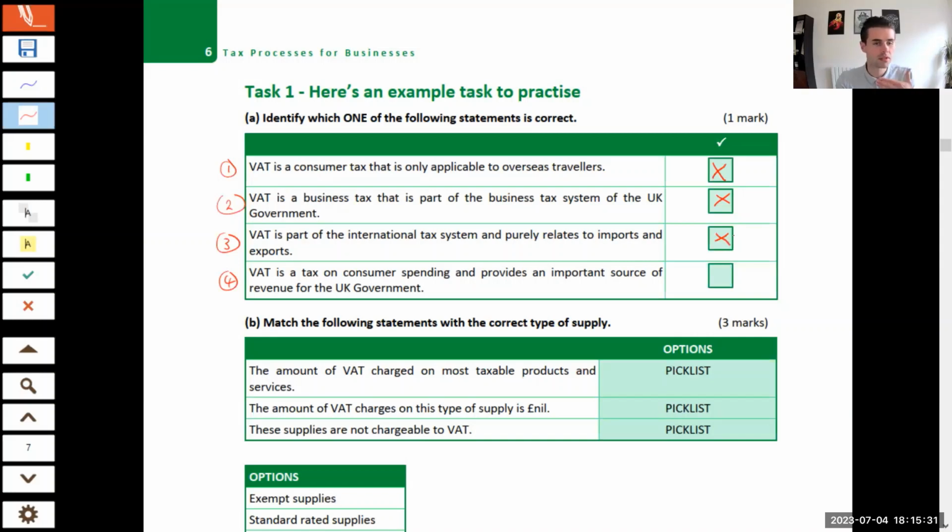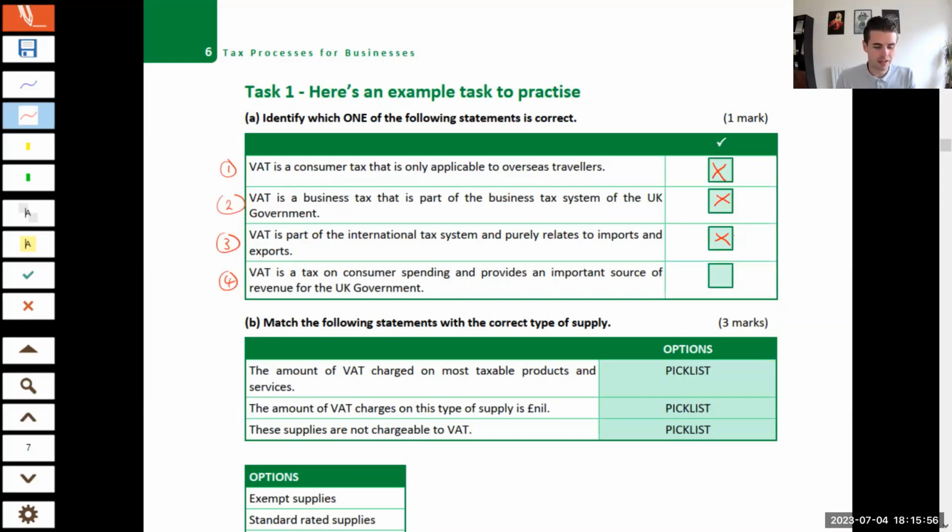And this is what you'll want to do in your exam. If you get one like this, just shoot down the incorrect answers and see what you're left with. Even if you've got a couple of options you're not 100% sure on, by removing the ones that you completely know are rubbish, you're giving yourself a better chance of finding that correct answer. So I'm hoping that number 4 is going to be the right one. I've seen a few people in the chat box seem to think it is. So let's have a look.